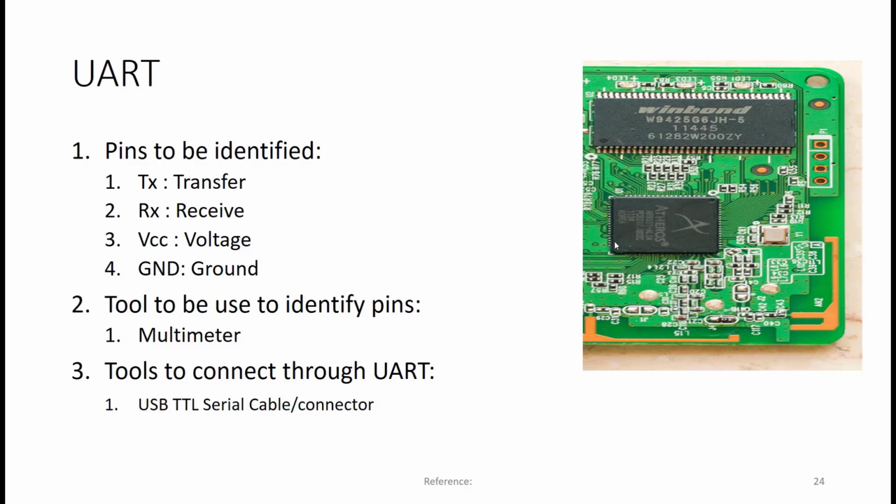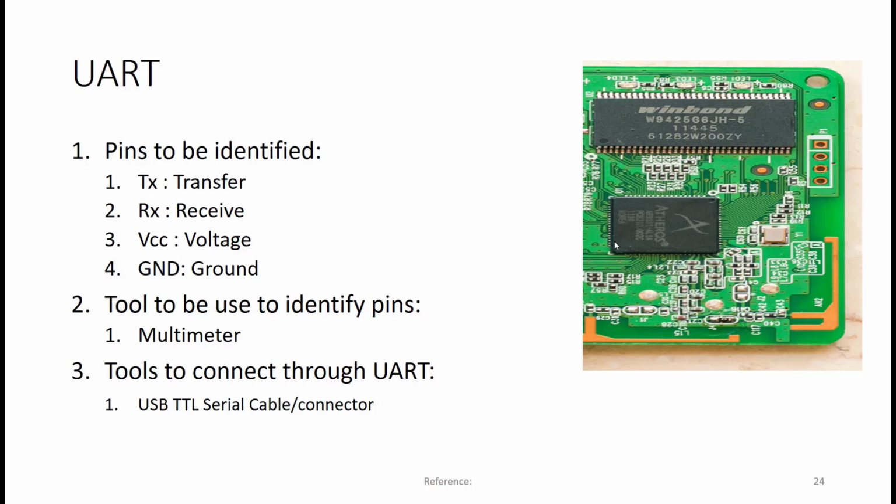So this is the first indication that it could be a UART, because there are four adjacent pins together. The next indication for UART is that the first pin would be surrounded by a square print and the other three pins would be surrounded by a circle print.